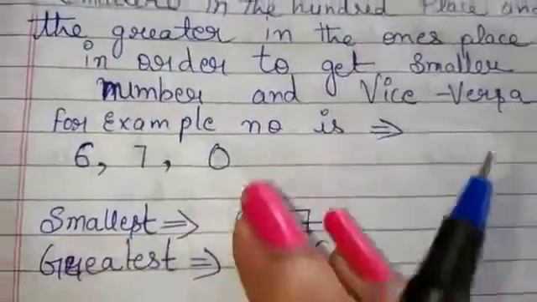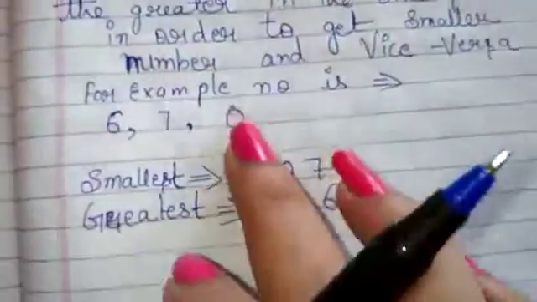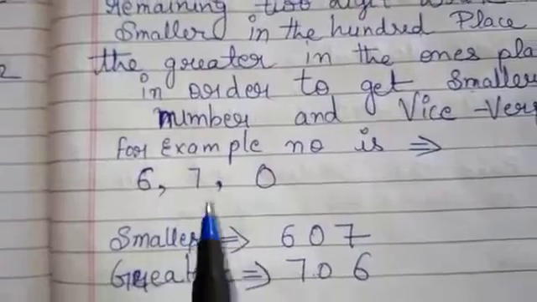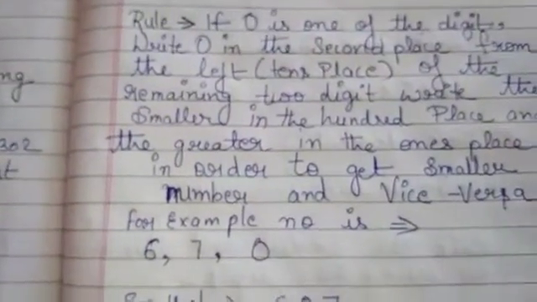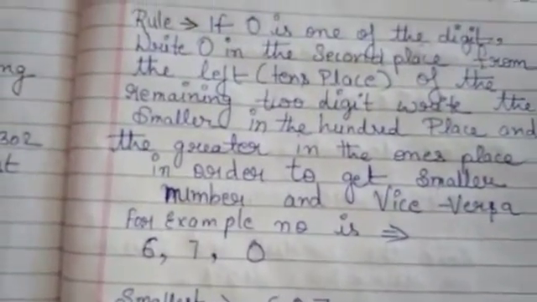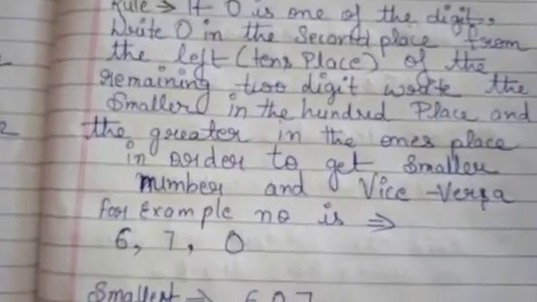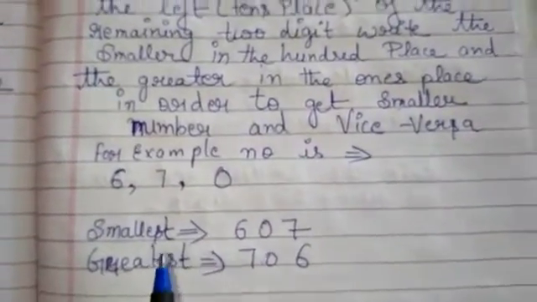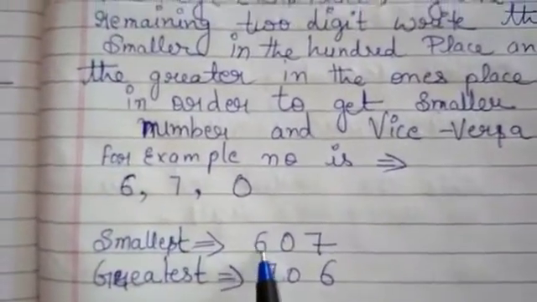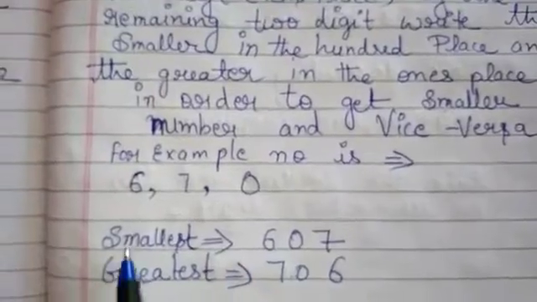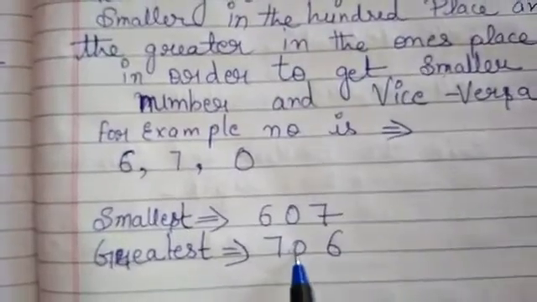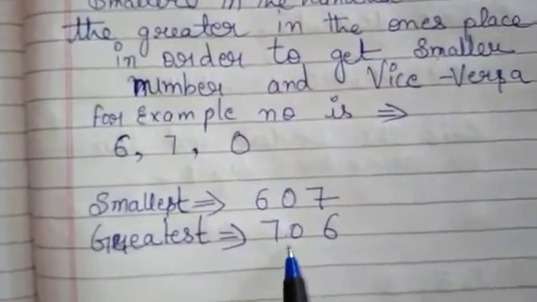If we find a 0 in the number, how can we arrange it? 0 is the smallest number, but it doesn't have any value if it is in the 100s place. So for the smallest number, we put the 0 in the tens place, and even for the greatest number, we put the 0 in the tens place only.